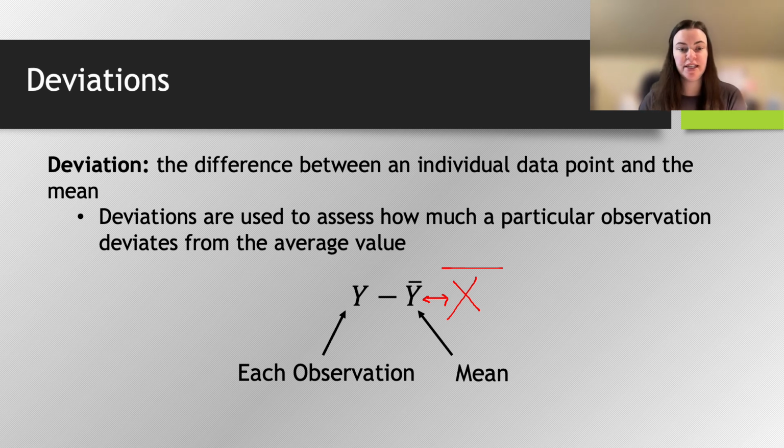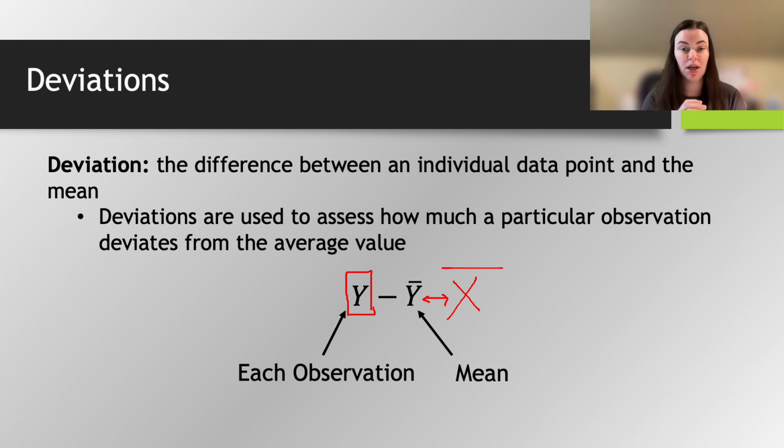Deviations are used to assess how much a particular observation deviates from that average value, and the way that we can calculate that is by taking the value of an individual observation and subtracting the average value of the overall distribution. So, in very simple layman's terms, a deviation is simply the distance between an individual data point and the mean.